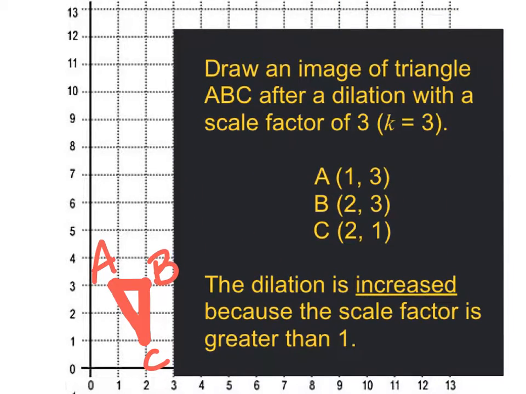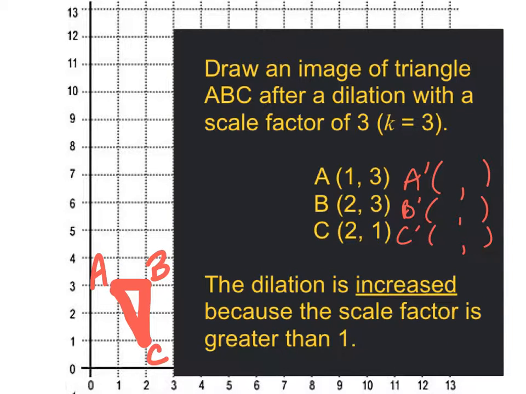Next, we're going to multiply both x and y coordinates by a factor of 3. Therefore, 1 times 3 is 3, and 3 times 3 is 9. 2 times 3 is 6, 3 times 3 is 9 again, and 2 times 3 is 6, 1 times 3 is 3.